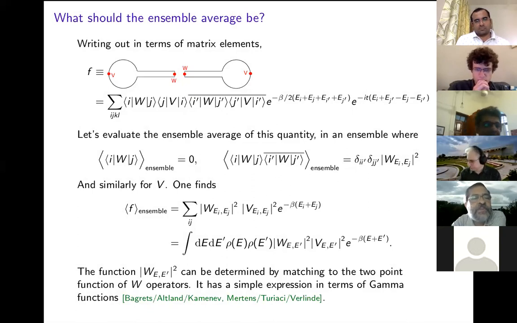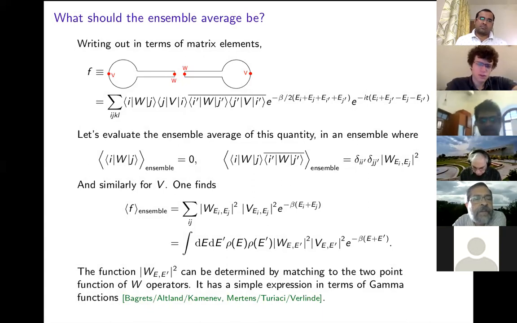I realize now that the W's and V's are not Hermitian operators, so I can't apply ETH directly. But you have this ensemble, and you have the matrix elements right below the diagram.